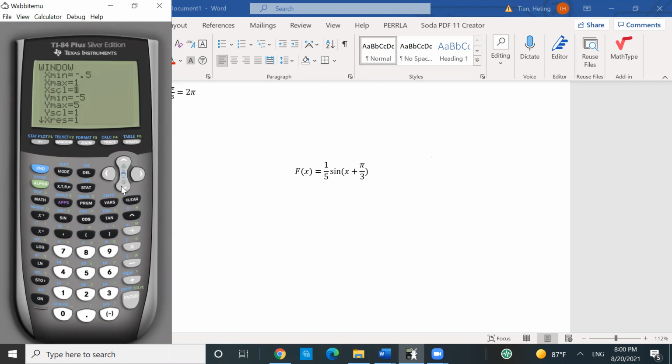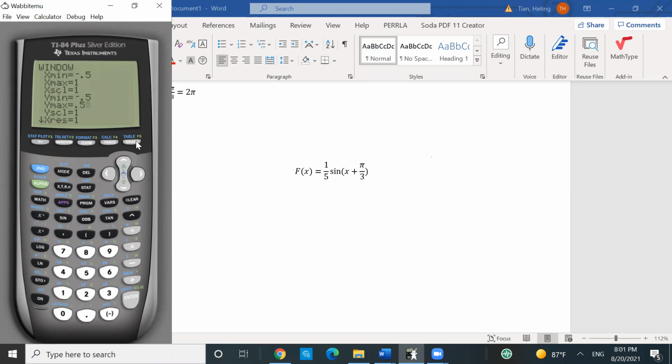And the y minimum, I can make it smaller, like 0.5, because the amplitude of this one is very small. It's 1/5, just 0.2. So the y minimum, okay, negative 0.5, and the maximum make it 0.5.